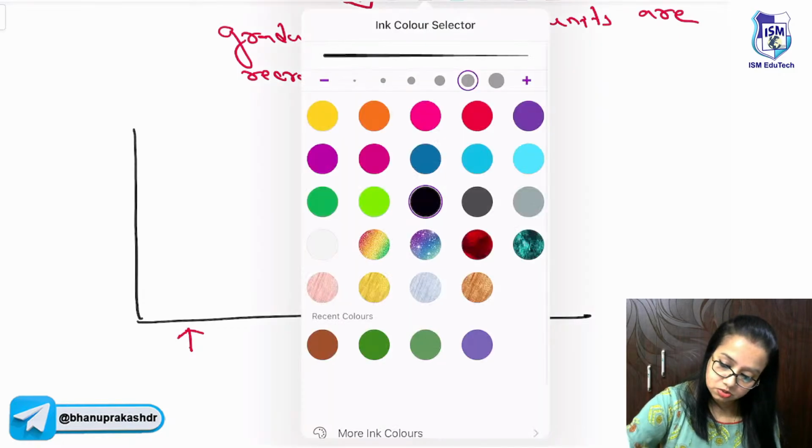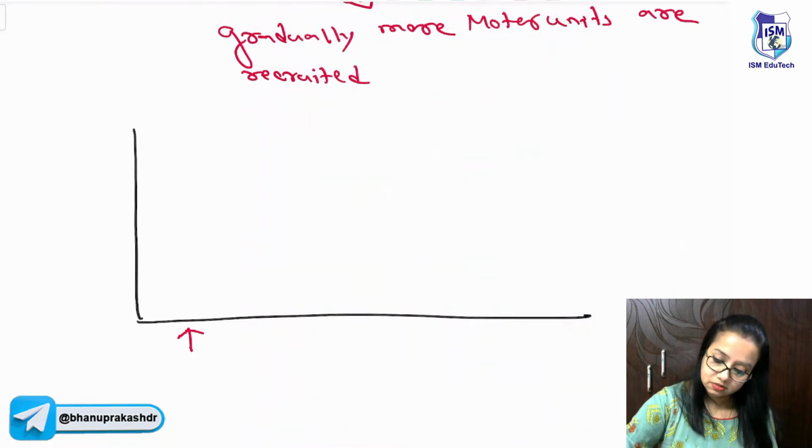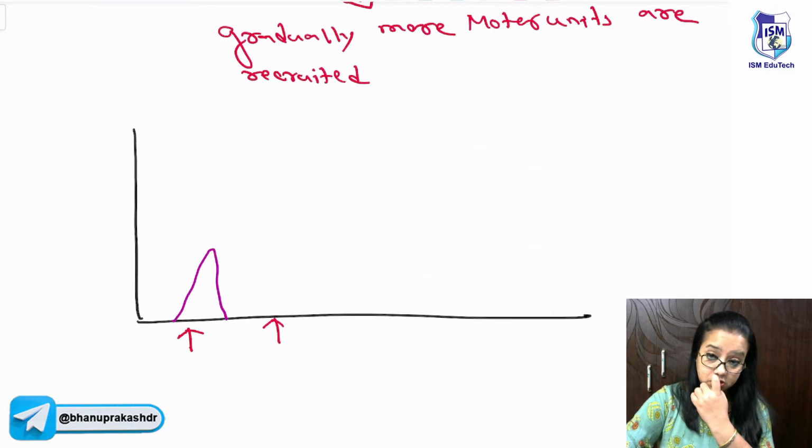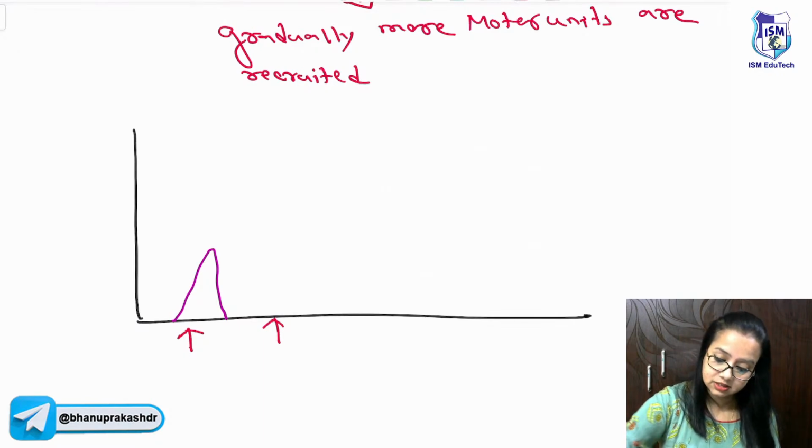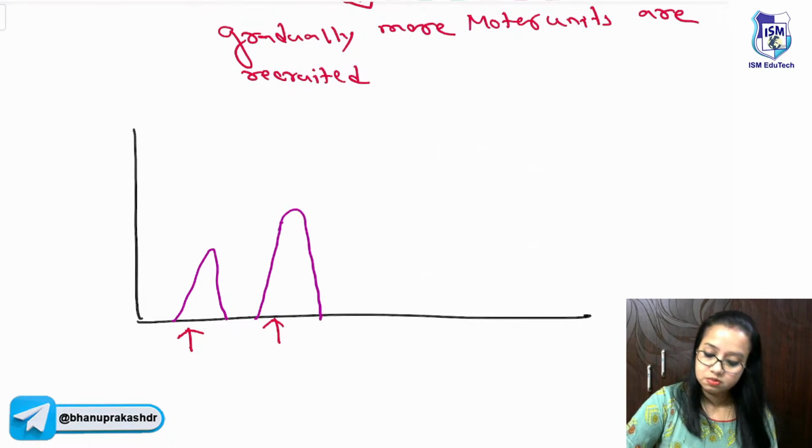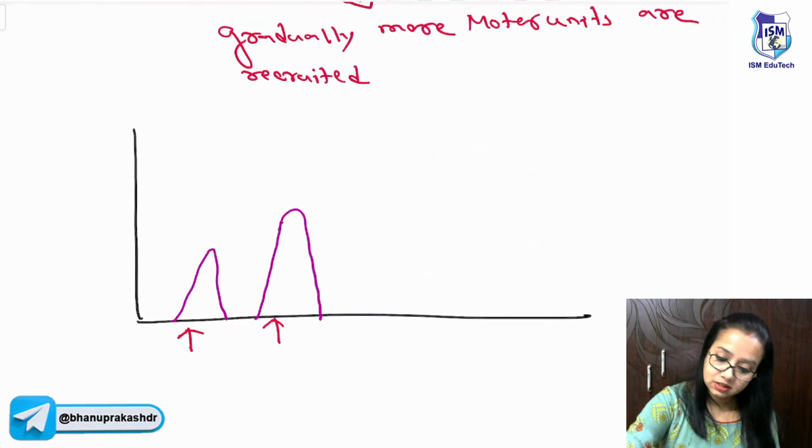So in response to this stimulus, say for example, there is one contraction of certain amplitude. Then again there is another stimulus of bigger intensity next. So there will be recruitment of more motor units. Then again, suppose the intensity is increased further.